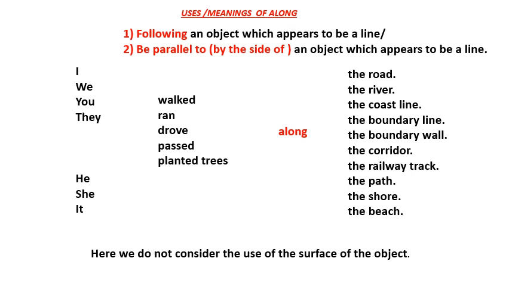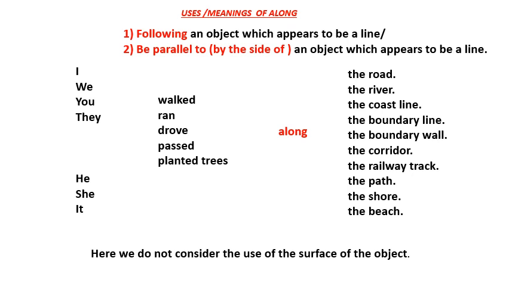In this way, we can frame a number of sentences from this substitution table. I walked along the road. I walked along the river. I walked along the coastline. I walked along the boundary line. I walked along the boundary wall. I walked along the corridor.